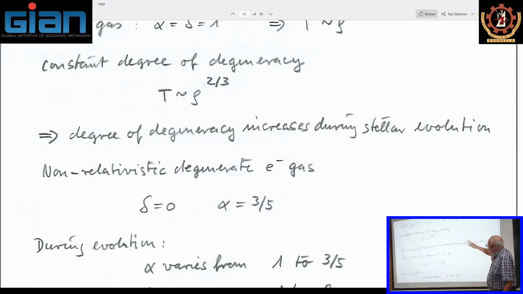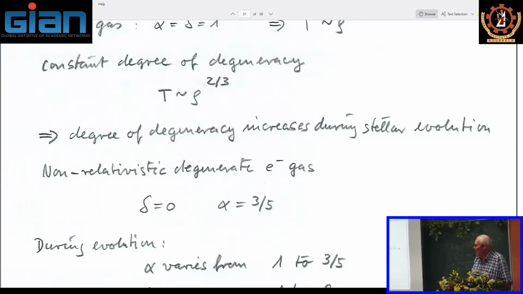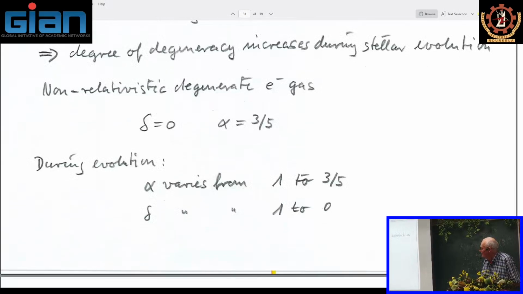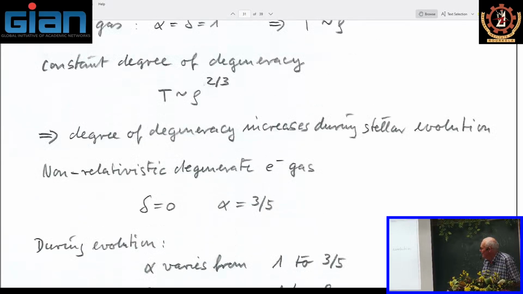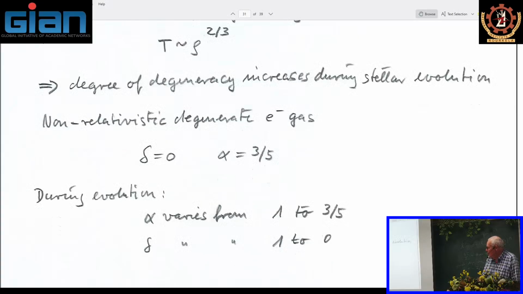So once we have an ideal gas with alpha equals delta equals 1, sorry, I don't get it on the same transparency. So we start with alpha equals delta equals 1. The temperature increases like rho to 1/3, then we enter the domain of degeneracy for the electron gas.